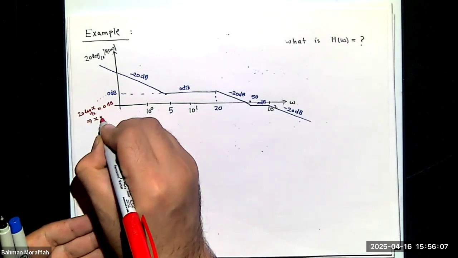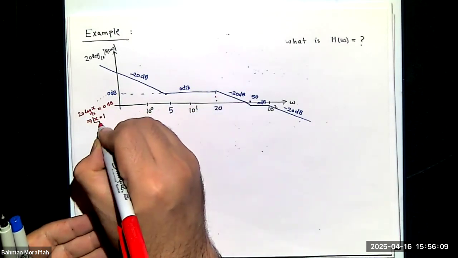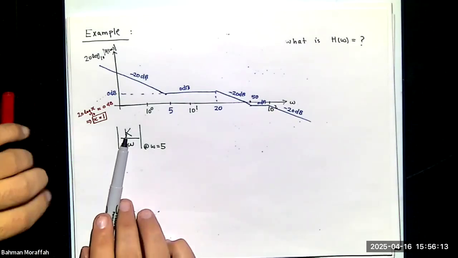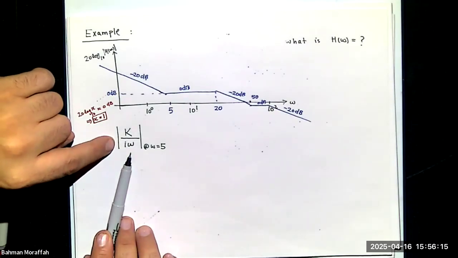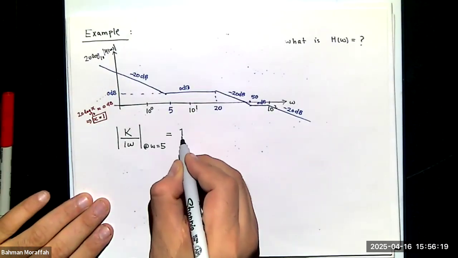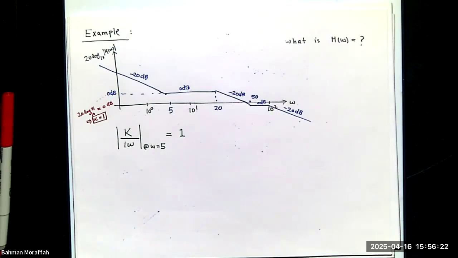What is that number? 1. Therefore, x must be 1. So I know k over I omega evaluated at 5 is 1. Do you agree with that? Yes or no?